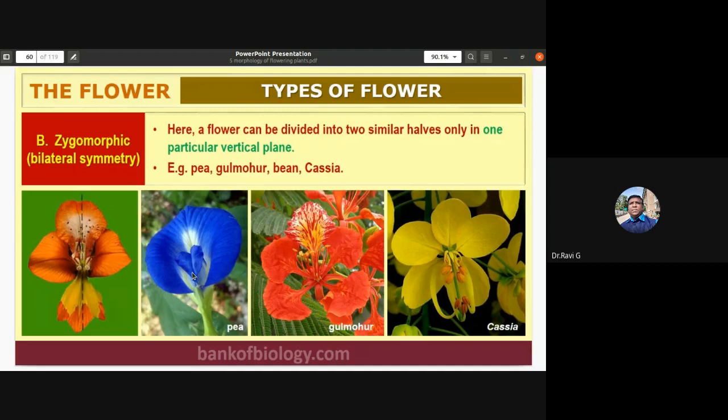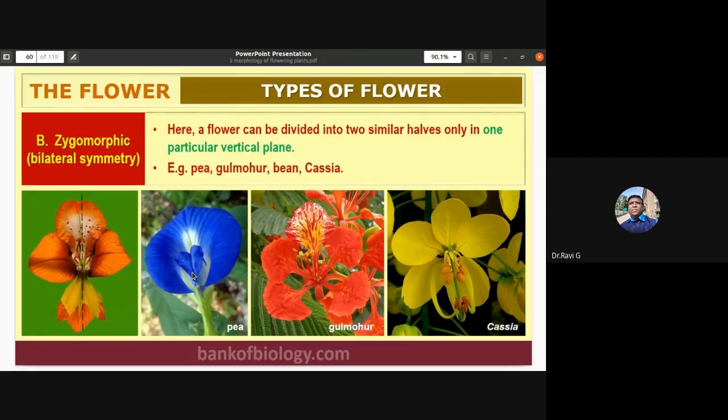That keel or carina will be enclosing this bundle of stamens. Later, when we come to the stamens as well as the Fabaceae family, I'll be discussing that again. So this unique type of corolla, we call papilionaceous corolla.